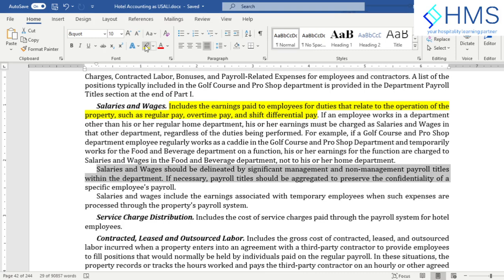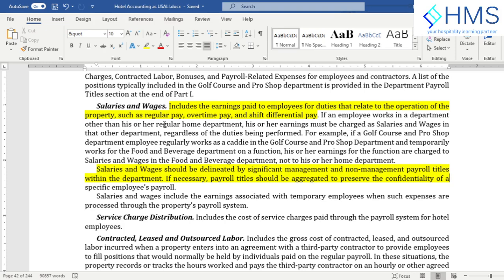Then the salary and wages is usually delineated into management and non-management. Now, in these other operating departments, usually there are not multiple positions, just management and non-management. But since they are small departments, they may have only one manager and the others are non-managers. If we split, usually it will be difficult to keep the payroll confidential.